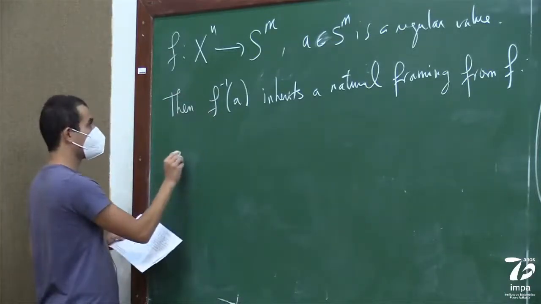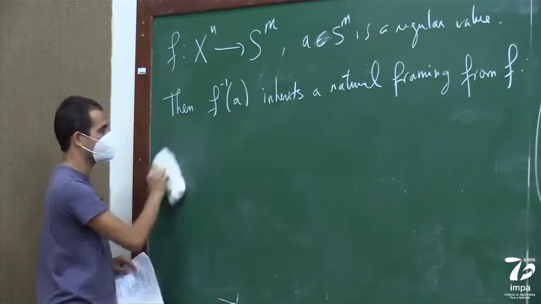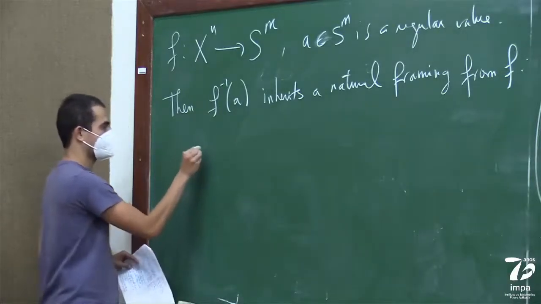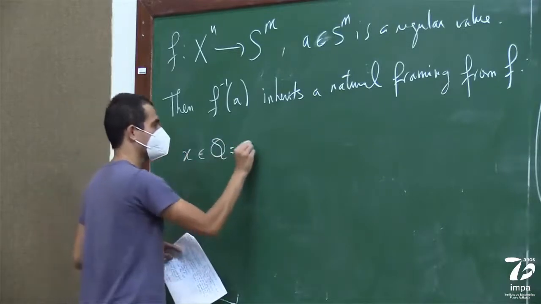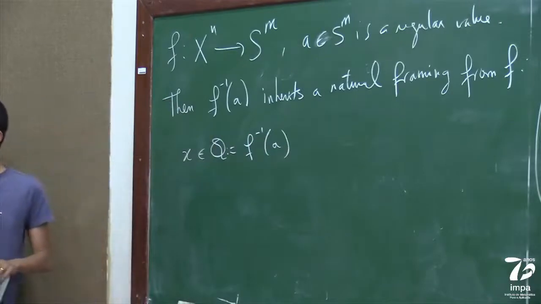We know that when you look at the normal bundle, and the derivative of F, if we take a point x on Q, which is the preimage of A, how do I get a framing?